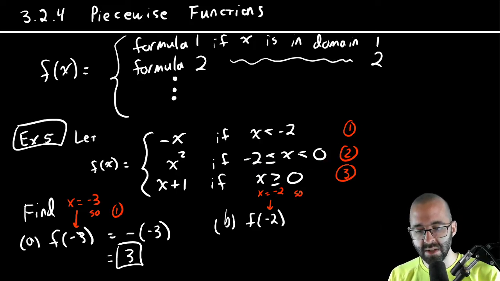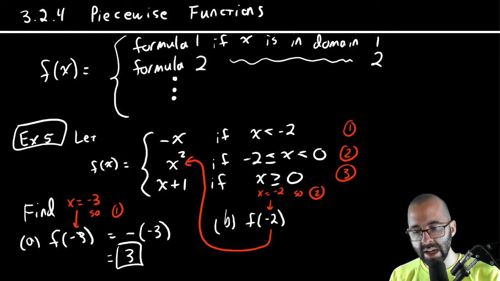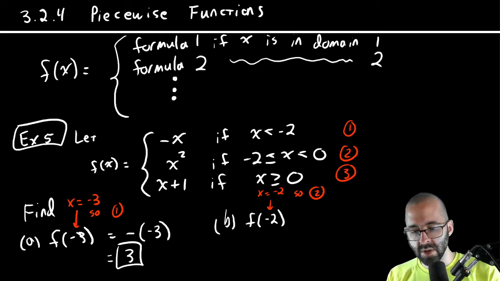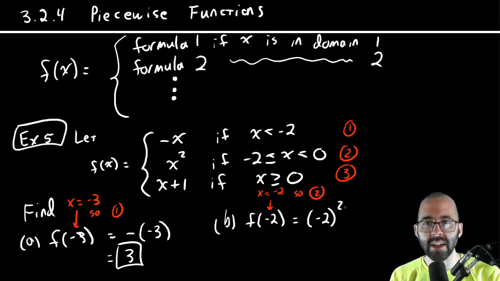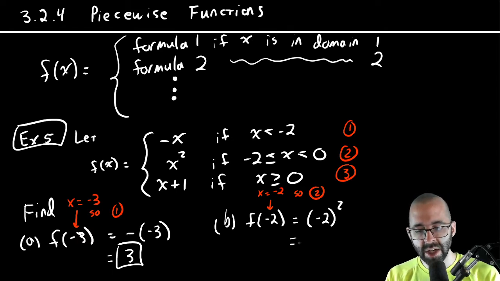So we're going to use piece number 2. So we plug negative 2 into this piece. So f of negative 2 is negative 2 squared. Just plugging it into the formula that is in the right piece. Make sure to have parentheses. Negative 2 times negative 2 is positive 4.